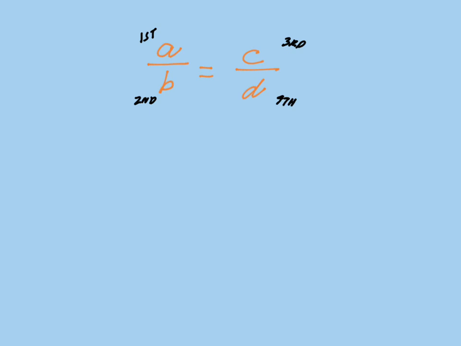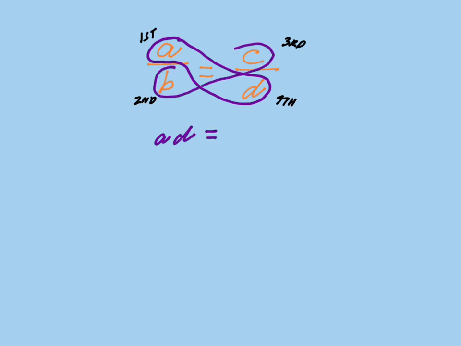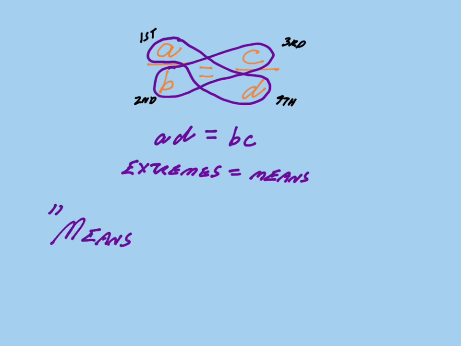Now, when we solve proportions, we can solve them by cross-multiplying, namely to take A times D and set that equal to B times C. The A and the D, because they're the first and the last terms, are called the extremes. And the B and the C put together are the means. And you may have heard, or you may at some point hear, that the means equal the extremes.